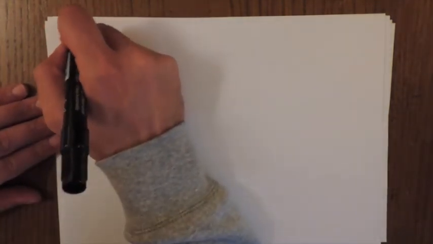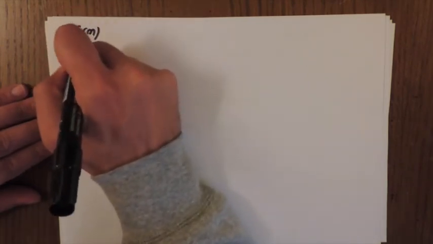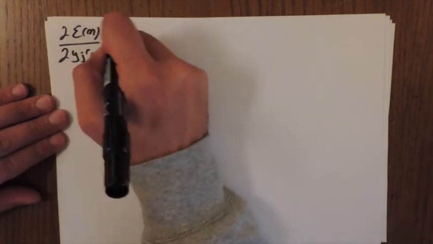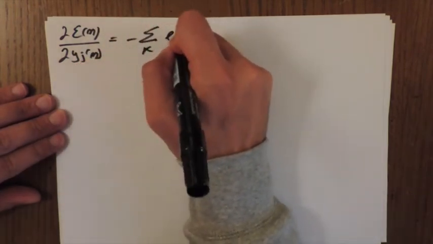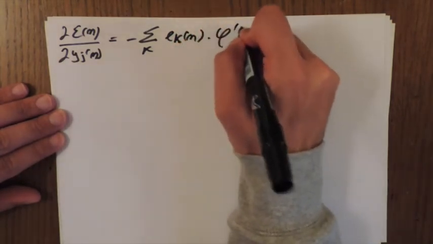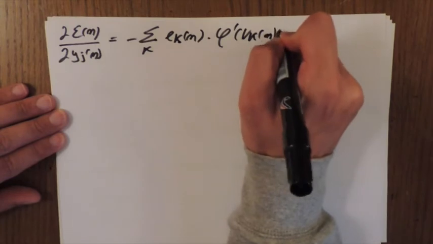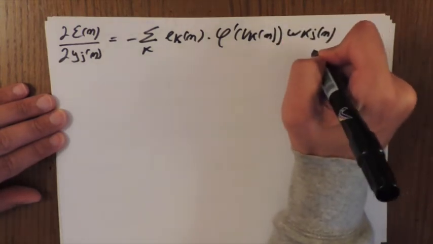So this means we have the derivative of E of n over yj of n is equal to minus the summation over k of ek of n times phi prime of vk of n times wkj of n.